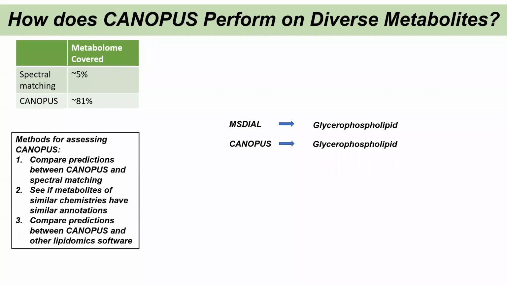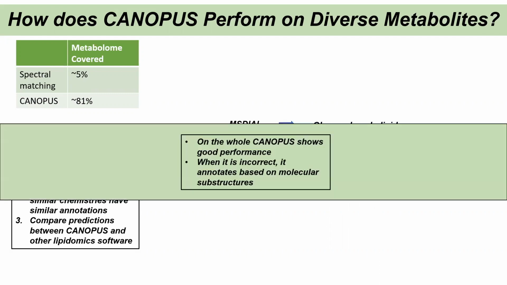We're matching the annotations between these two. And again, we find a metric that's really close to 70% correct. Across all of these, on the whole, we concluded that CANOPUS shows good performance. When it is incorrect, it is annotating based on molecular substructures. For example, it could potentially take a glycerophospholipid and call it maybe a fatty acyl or something like that. So it's not altogether wrong.